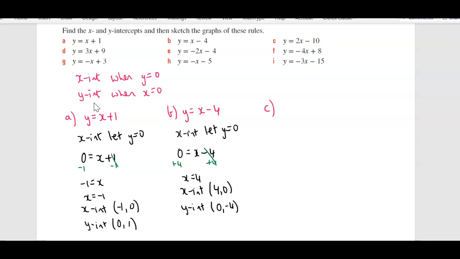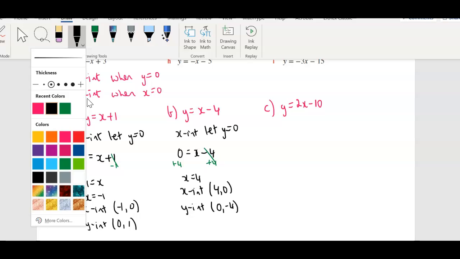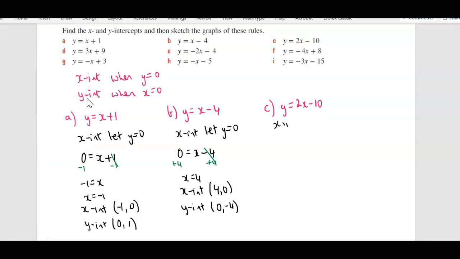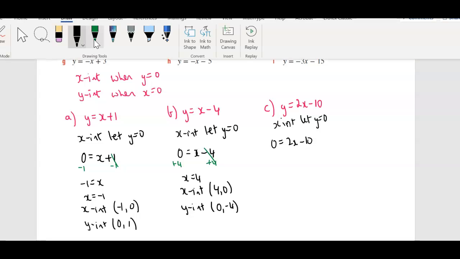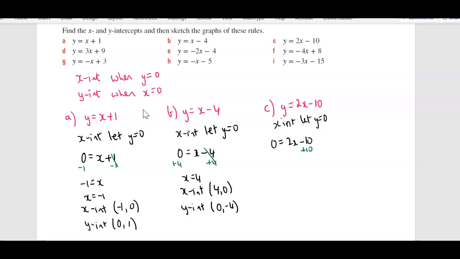At any stage you feel confident, just pause, and then you can just get the answers. So y equals 2x minus 10. For this one, we've got a two-step equation. So we're going to add 10 to both sides first.